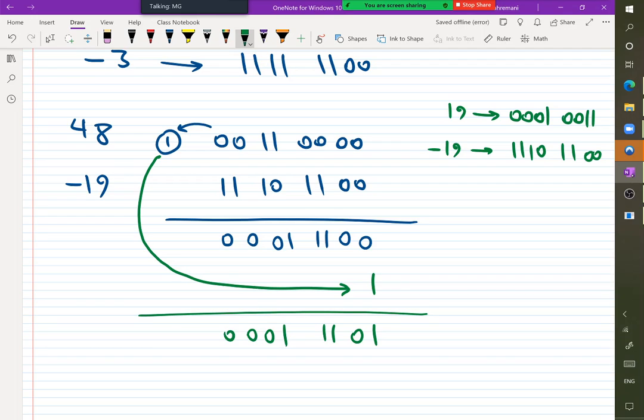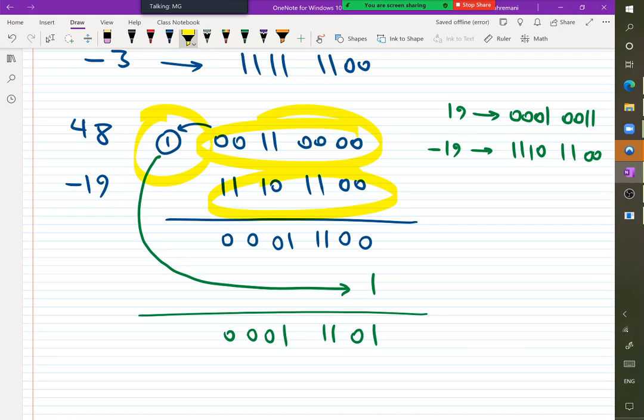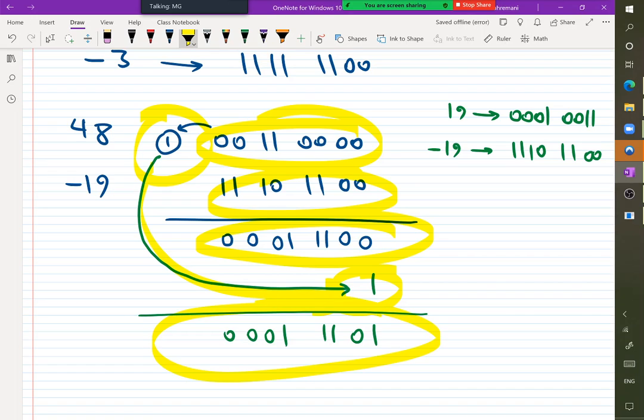You see, the only thing we did here was addition. There was a carryout, we carried it around and added it to the sum, and we got the result. We didn't do any subtraction, but we subtracted these two numbers by addition. Is it clear? Any question?